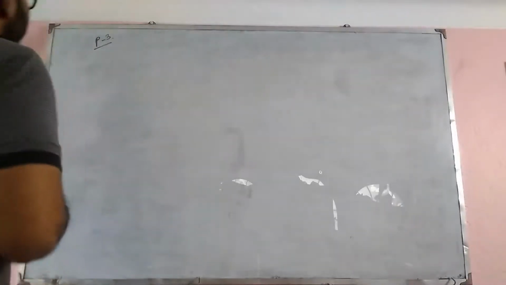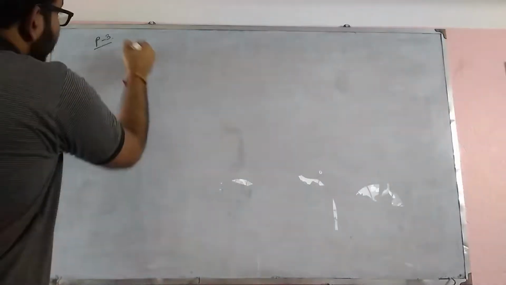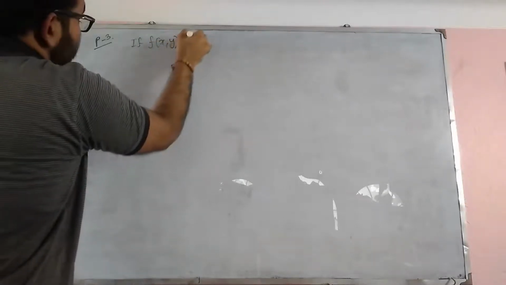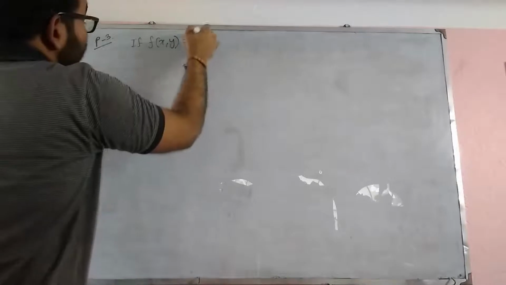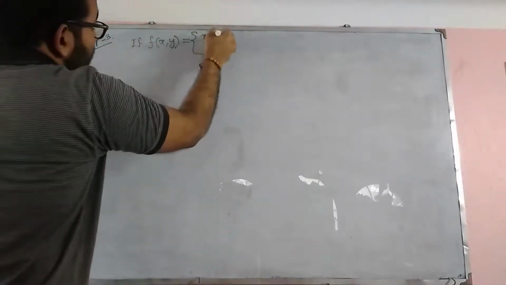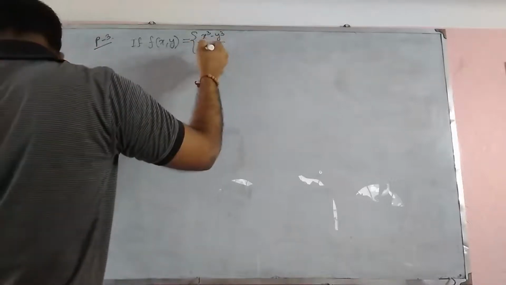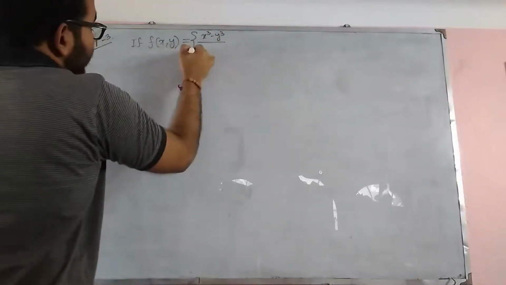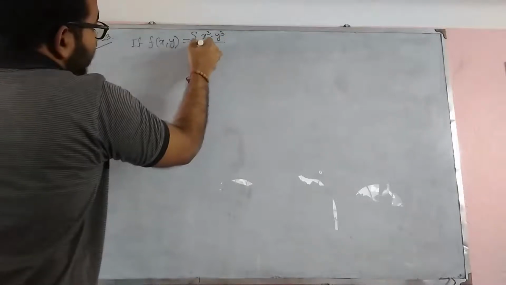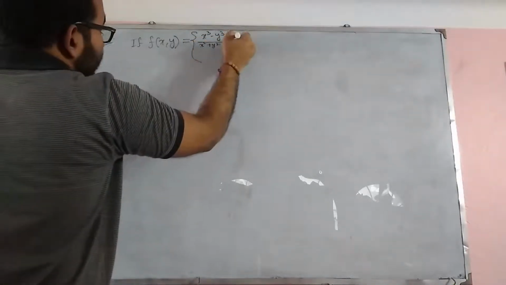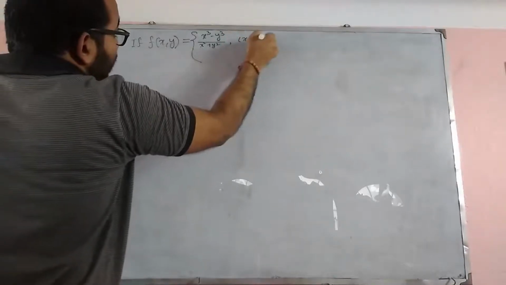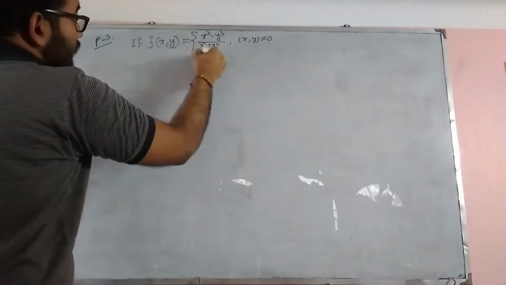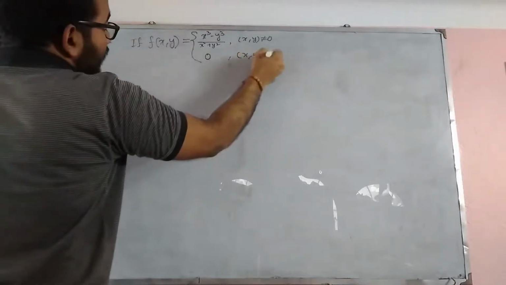Third problem is: if f of x, y is equal to (x cube y minus y cube x) by (x square plus y square) when xy is not equal to 0, and 0 if xy is equal to 0.